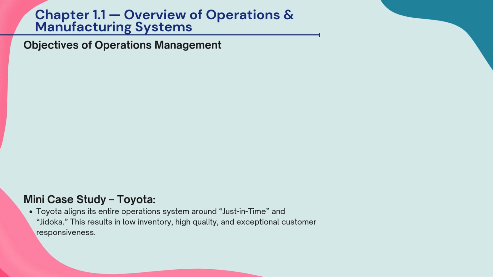These goals are tracked through metrics such as unit cost, OEE, defect rates, yield percentage, lead time, changeover time, and OTIF performance. A practical example comes from Toyota, which anchors its operations around just-in-time and Jidoka, enabling low inventory levels, high quality, and strong responsiveness to customer demand.